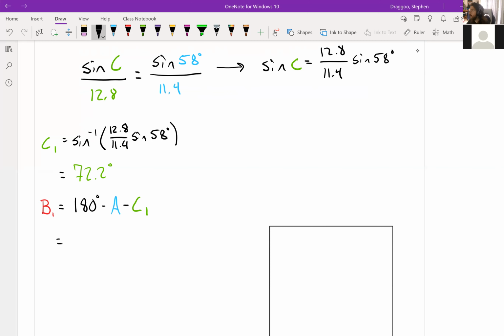So this will be 180 minus 58 minus that angle we just got, 72.2, which is 49.8 degrees. And now that we have that, we'll look for side B1.